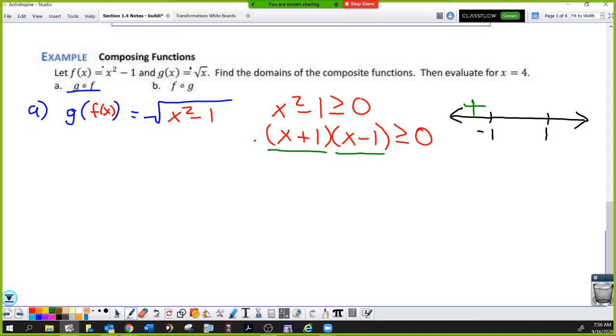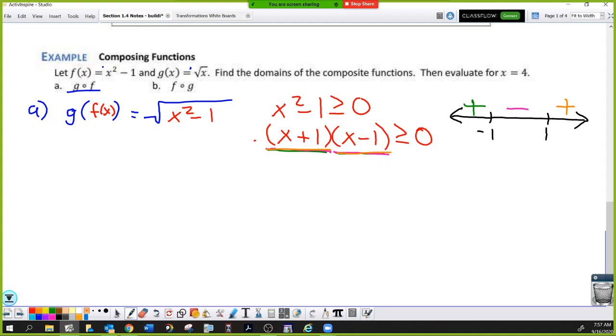Something really easy that you can plug in that's between -1 and +1 is zippo, 0. So when we plug 0 in, we get a positive here and a negative here. And when you multiply a positive and a negative, you get a negative. And lastly, a number bigger than 1, like 2. Plug in a 2 here, it's positive. Plug in a 2 here, it's positive. You have a positive result.